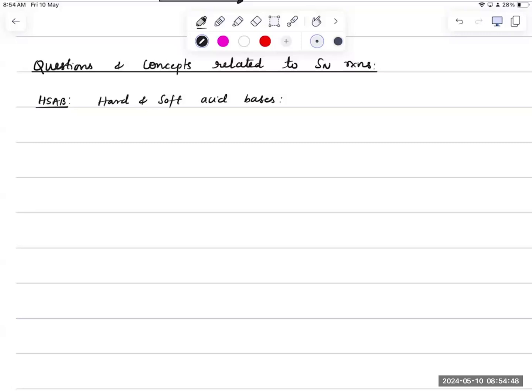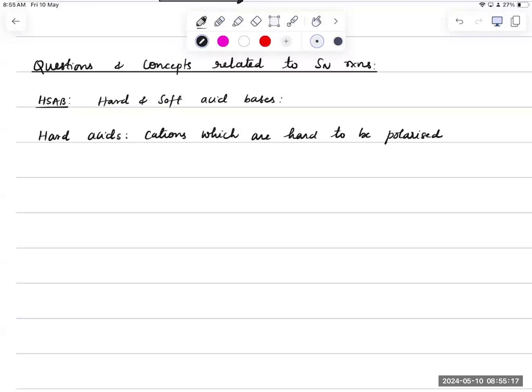See, anything which is hard to polarize, they are called hard acids or hard bases. For example, hard acids means you will not be able to polarize them easily. That is, cations which are hard to be polarized.